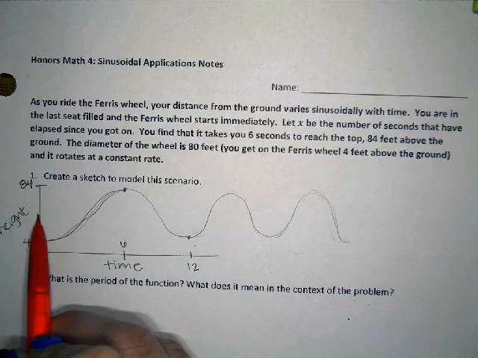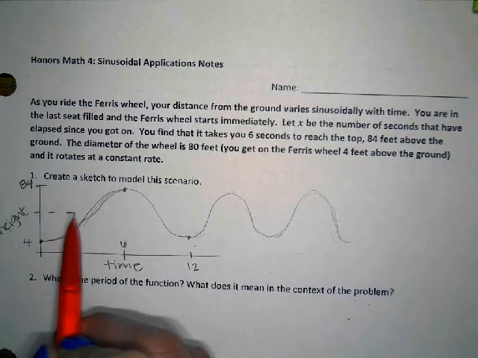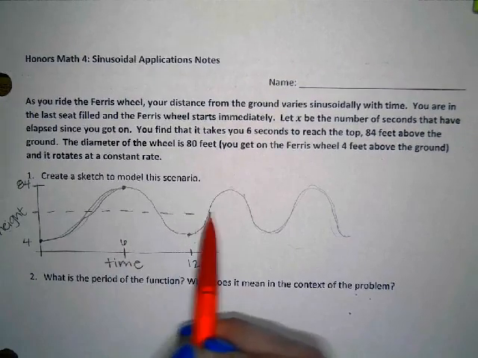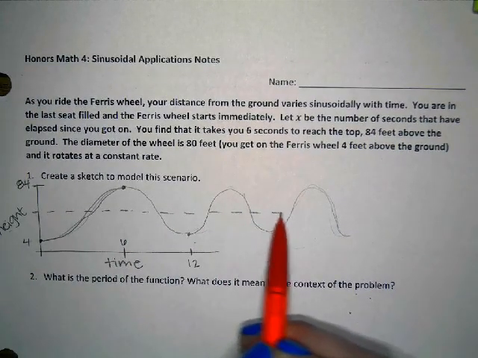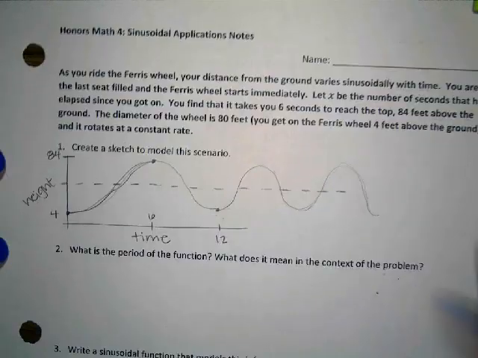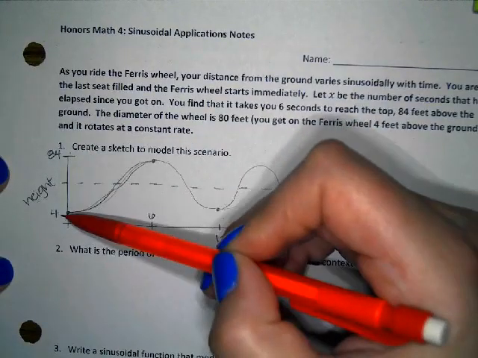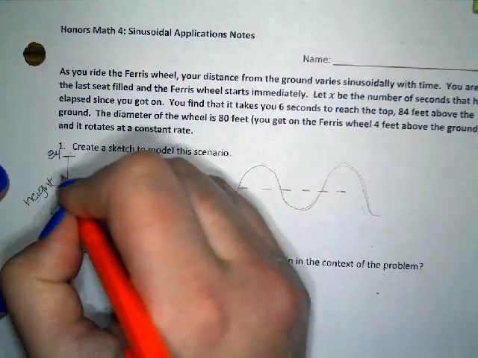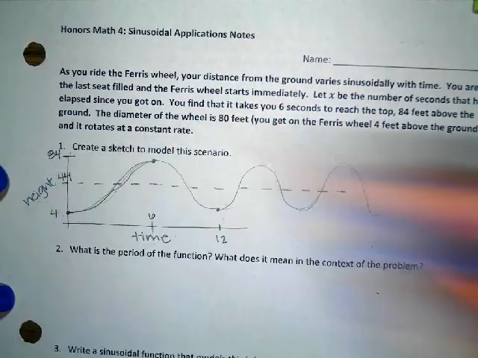And then can anyone tell me what the midline of this graph would be? What's the middle? The top is 84, the bottom is 4. 44. Okay, so the midline of this graph is 44.